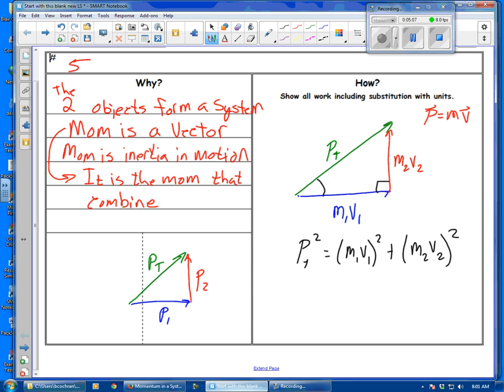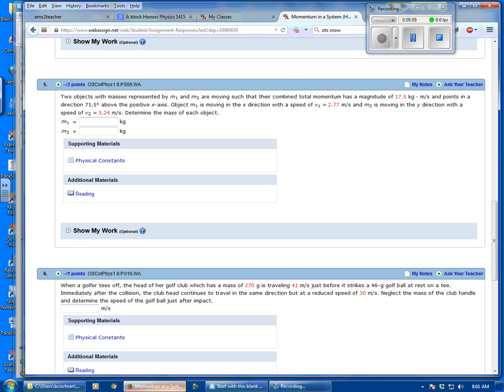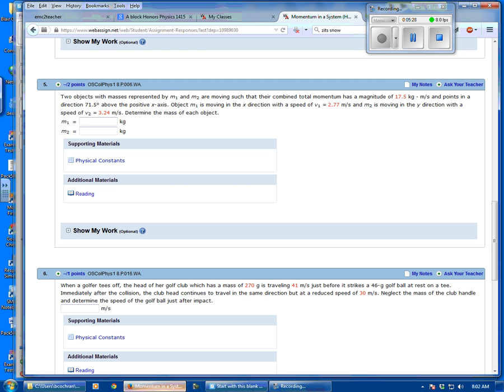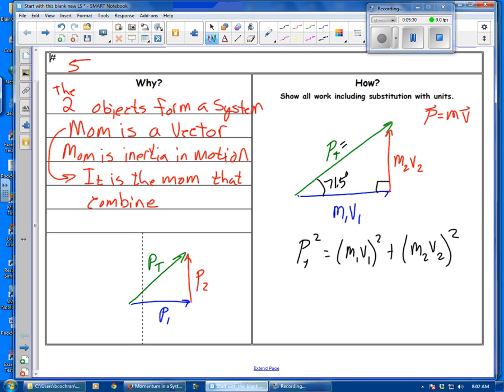We know the angle in here, 71.5. And we know this is 17.5 kilogram meters per second.